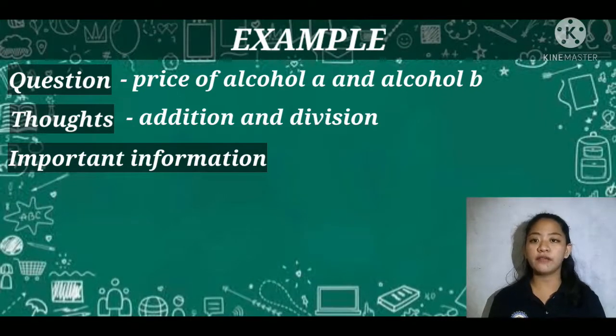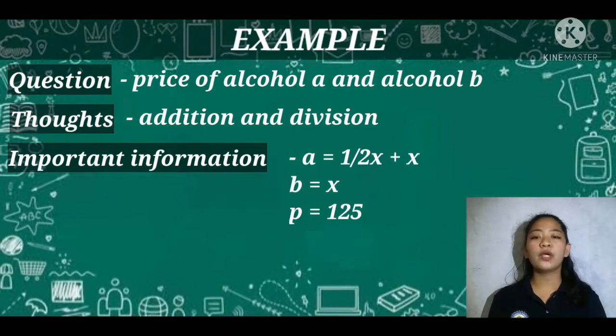So what are the given? Since alcohol A is half more than alcohol B, we can write it as A equals 1/2 x plus x, and B equals x. And the sum is 125, or P equals 125.